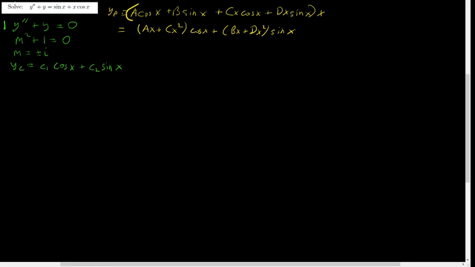All right, so now what do we do? Well, now we have to take the two derivatives, the first and second derivative, and plug them into the left side here. So obviously we don't need y prime because it's not in the homogeneous part. However, we do need y double prime, so let's just do one at a time here. So this is not going to be pleasant, but let's start with yp prime.